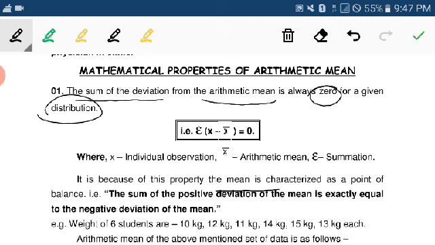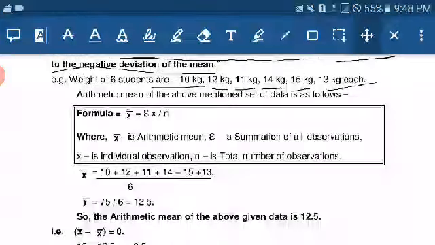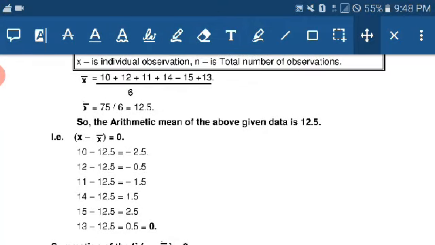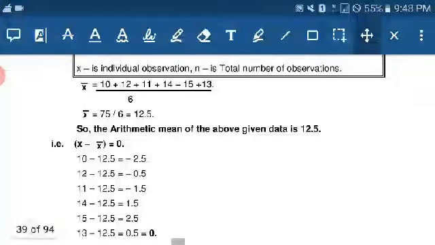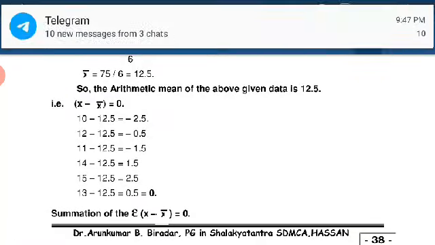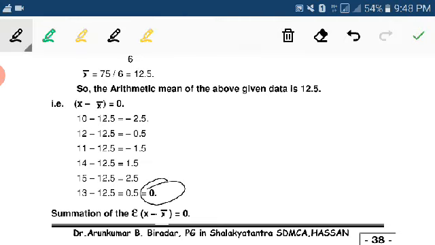This property of the mean is a characteristic, a point of balance. The sum of the positive deviations from the mean is exactly equal to the sum of the negative deviations. Example: weights of students are 10 kg, 12 kg, 11 kg, 14, 15, and so on. The arithmetic mean of all the data is 12.5. Then we subtract the mean value from each observation value and take the summation; the result will also be 0.